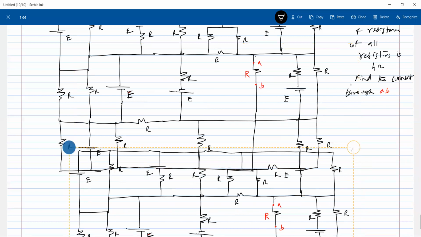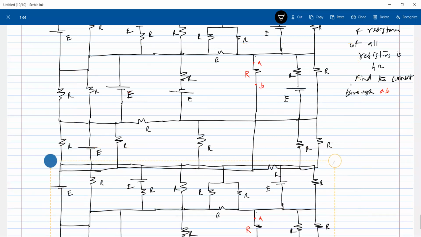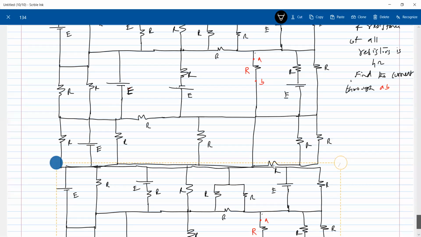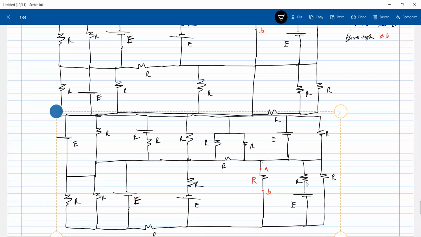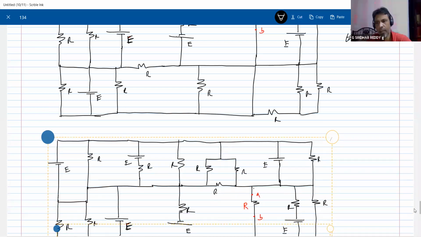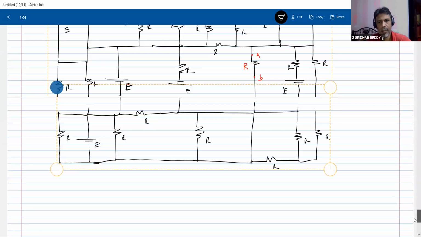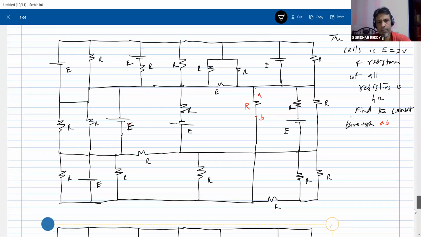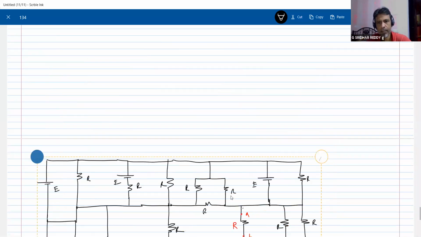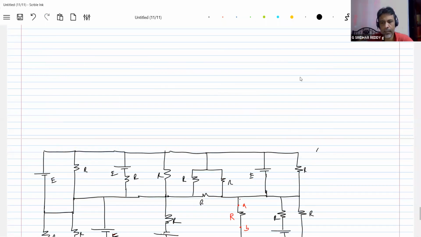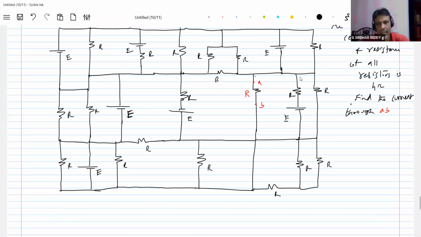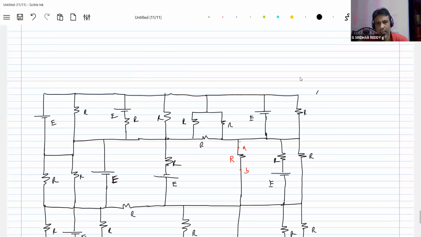1 ampere. One ampere. There is a circuit, the same thing. Let me leave that as a question. Now let's focus on this one here.